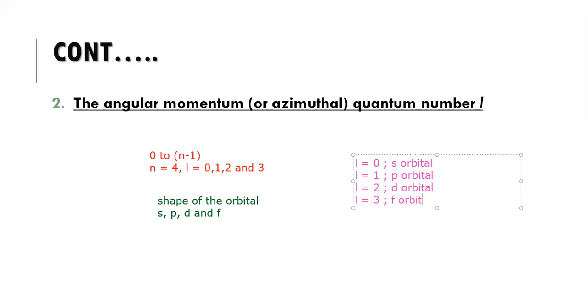We are studying until the f orbital. So if you find the value of L, you can define the shape of the orbital.